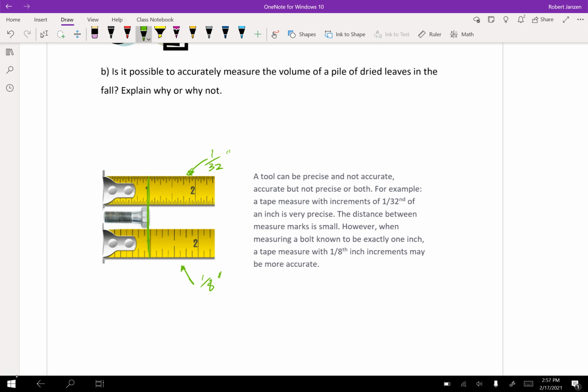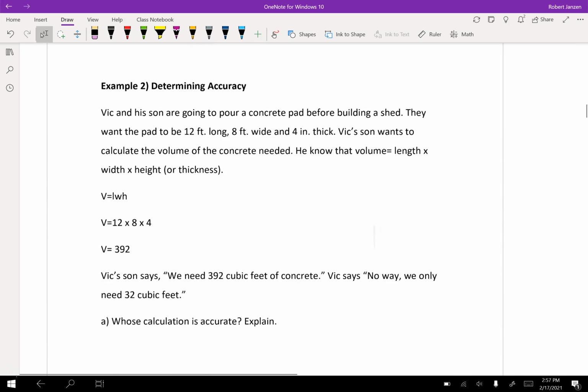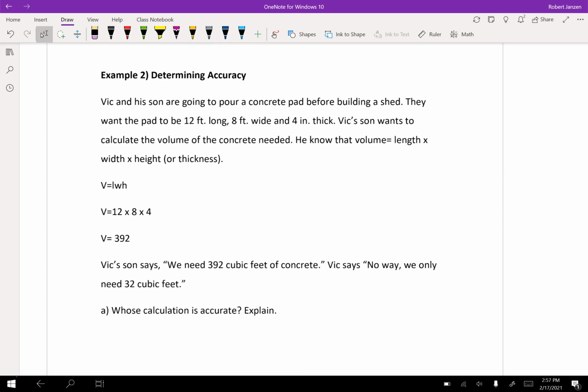Now maybe the argument here is because these little lines are so fine, maybe I'm not quite an inch and I'm just a little bit less. Well, I don't know about that. But here's a good example of one being more precise, so we're talking about precision as being different than accuracy, determining accuracy. All right, next example.